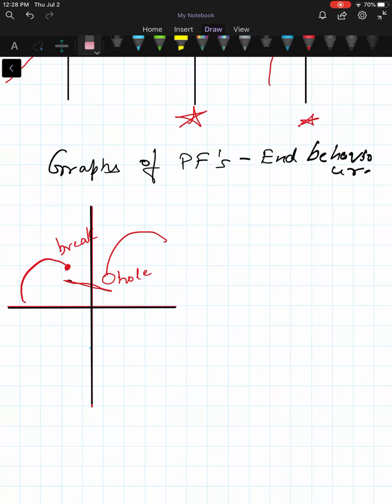You can see that there is a break in the graph as well as a hole in the graph. So this is not a graph of a polynomial function.